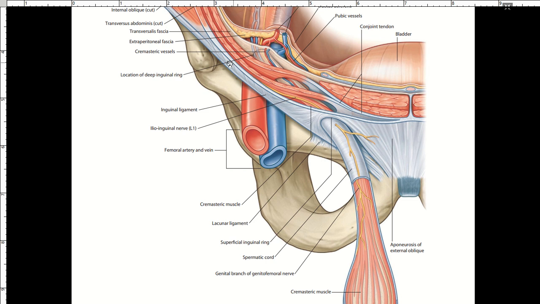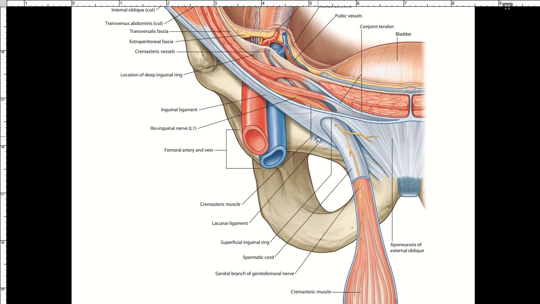Let's go to the floor. The floor is going to be made by your inguinal ligament. Remember, we said the inguinal canal is parallel to the inguinal ligament, right? And then this inguinal ligament is going to send some fibers medially that will attach to the pectineal line.